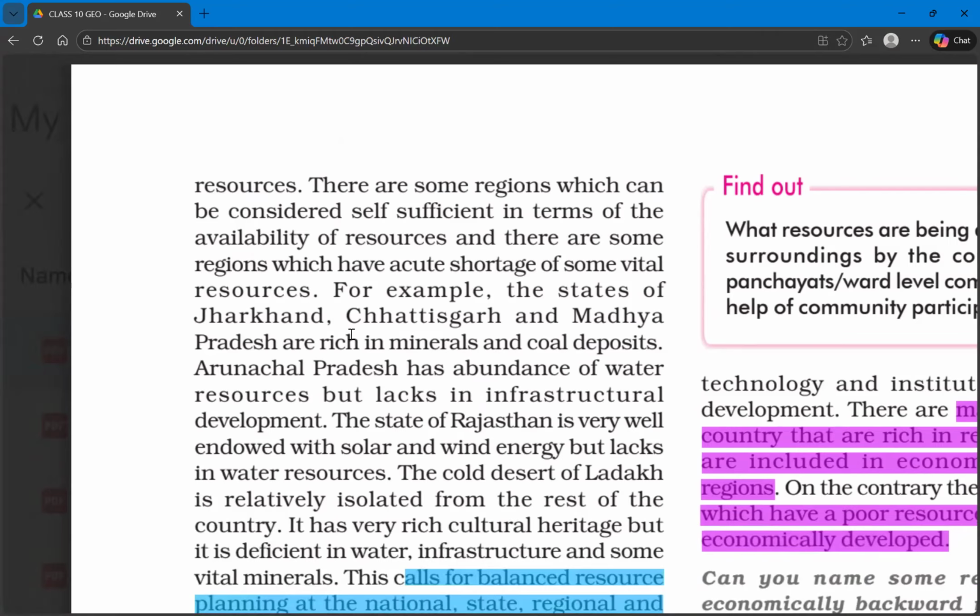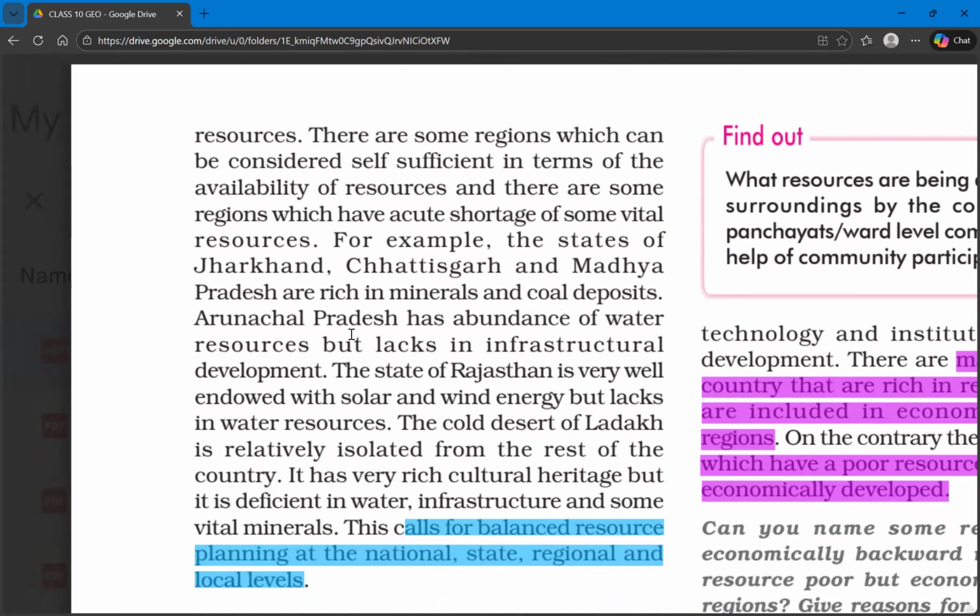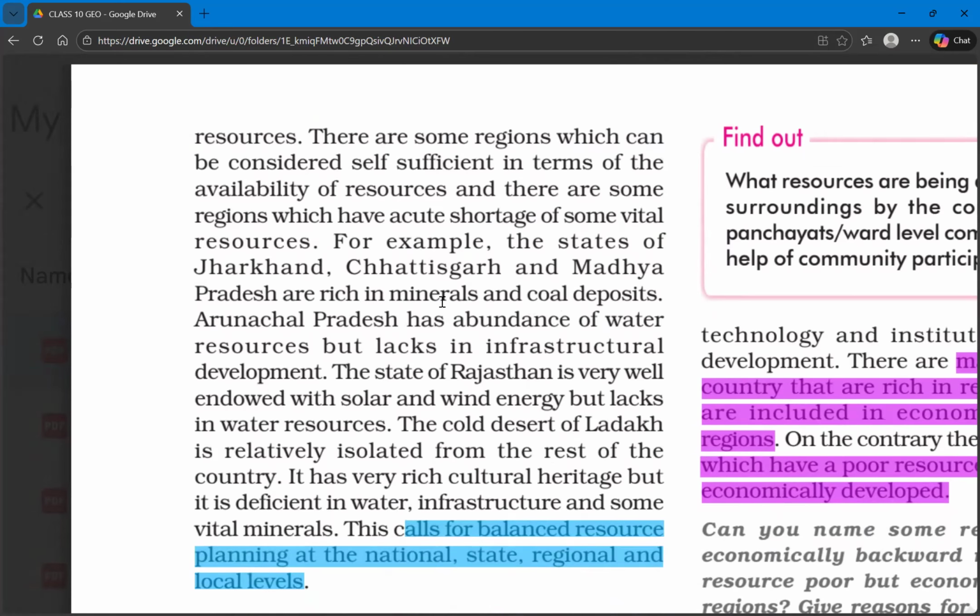For example, the states of Jharkhand, Chhattisgarh, and Madhya Pradesh are rich in minerals and coal deposits, whereas Arunachal Pradesh has abundance of water resources but lacks in infrastructural development.